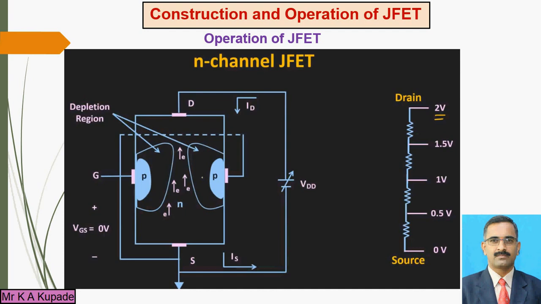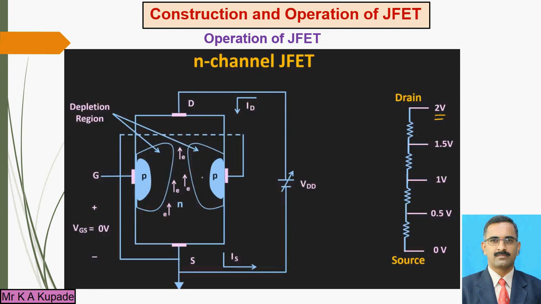But considering 0.5 volt, the bar has different resistances with different voltage drops across each resistance. When you move toward the drain terminal, the resistance increases.